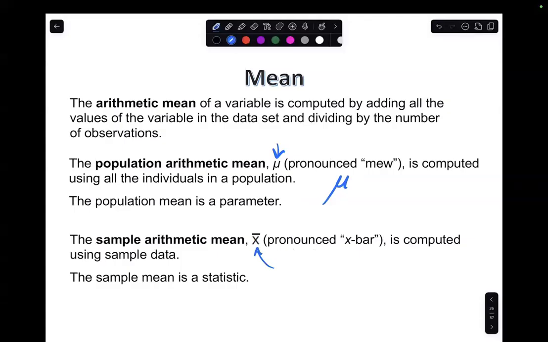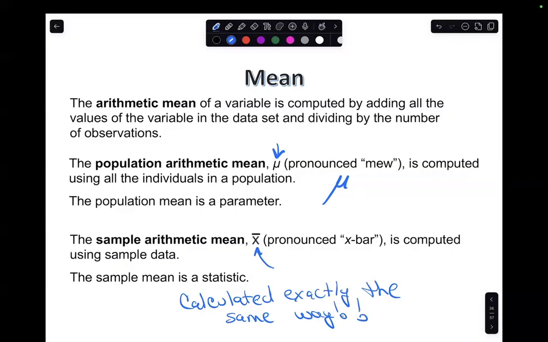The population mean and the sample mean are calculated exactly the same way. I'm going to write this down because this has been an issue for people for some reason. Exactly the same way.